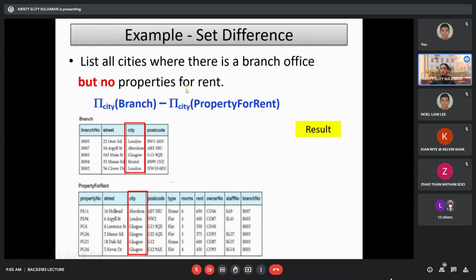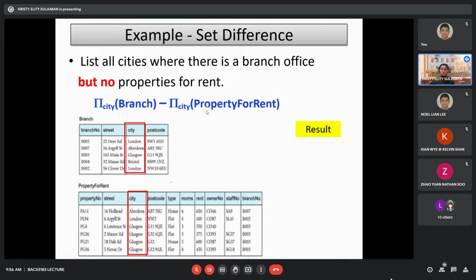Here we still produce the union compatible relations by projecting the branch and property for rent relations over the attribute city, as in the previous example for union.